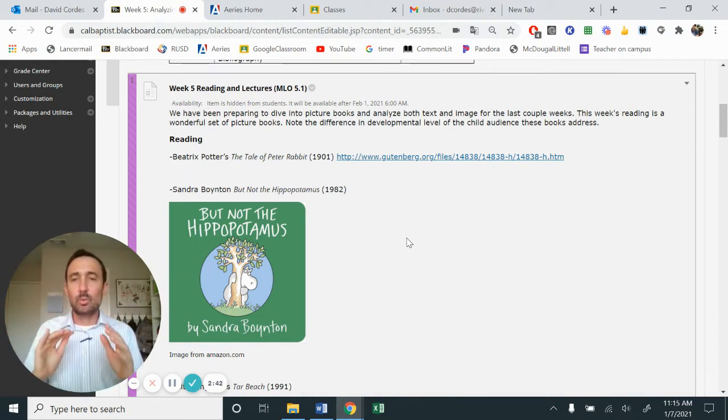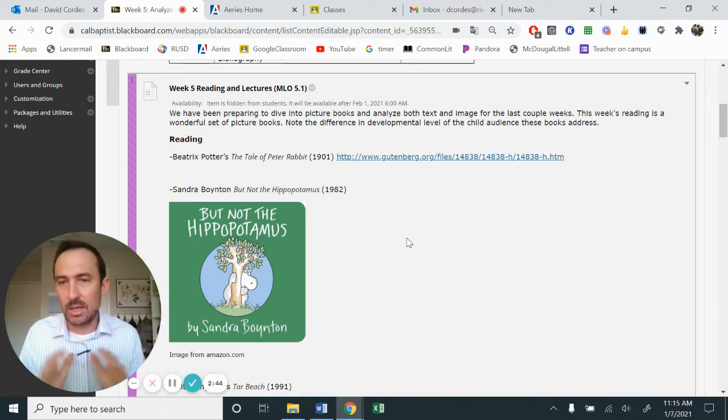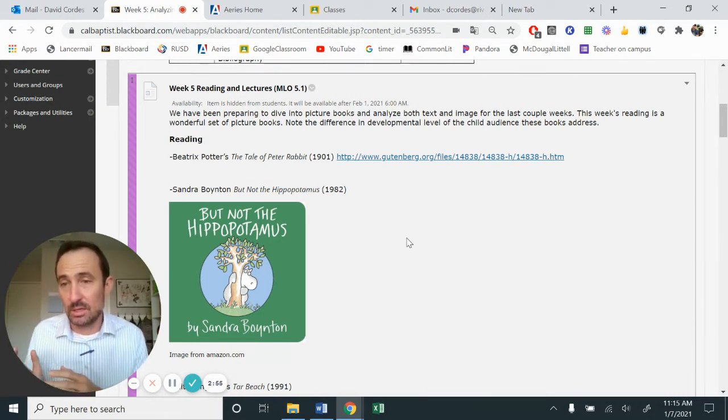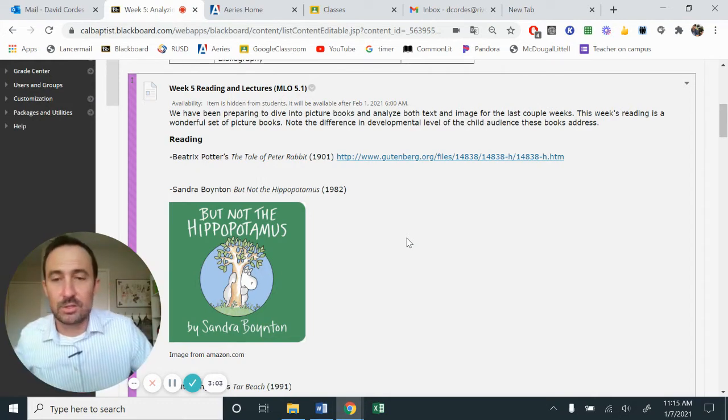So when we look at illustrations, let's start there. We want to identify what's going on in the story and how they contribute to the message that's being conveyed. So when you look at a beginning book, okay, you have to identify where it falls on this chart.